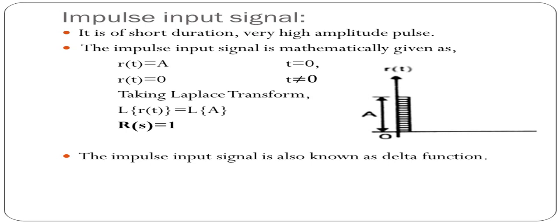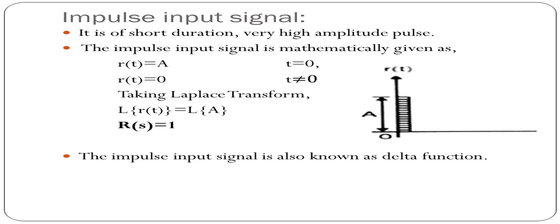You can see in the diagram at t is equal to 0 its amplitude is a, and when t is not equal to 0 it is equal to 0. So it is for very short duration. Visibly we see some duration but it is very short duration.